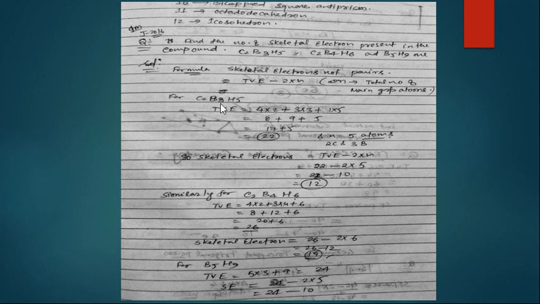So here, the total valence electron of this species is 4 into 2 for carbon, plus 3 into 3 for borons, and 1 into 5. So this total is coming 22.